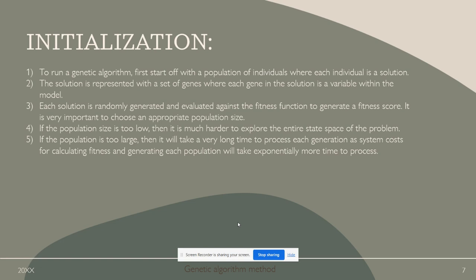find the fitness values too, and we will make sure that the population size is not too low or too high. If the population size is too low, it is very hard to explore the entire space of the problem. If it is too large, it will take so much time to process at each generation, which is a drawback.